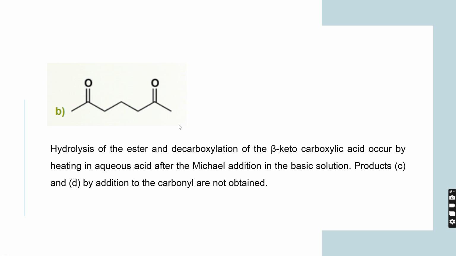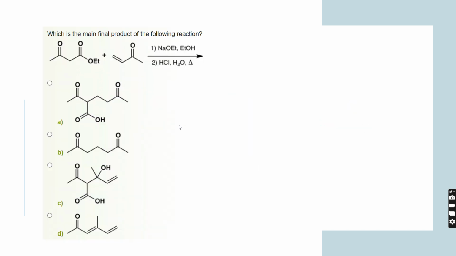So do not get confused. Do not just stop at option A, because we are also heating. If this thermal sign was not there in the question, you would have to choose option A as the correct answer. But you must also remember beta keto acids are very feasible for decarboxylation.